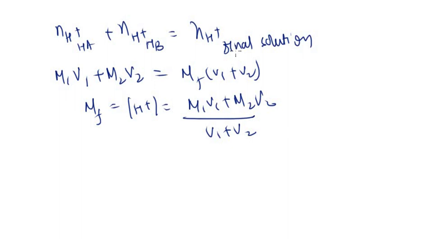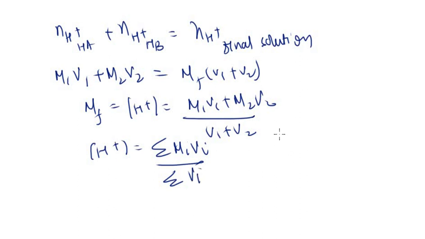Now when we are mixing a lot of containers containing strong acids, the concentration of H plus turns out to be sigma MiVi divided by sigma Vi, that is, M1 V1 plus M2 V2 plus M3 V3 and so on, divided by V1 plus V2 plus V3 and so on. That is how we get the concentration of H plus, and the concentration of OH minus turns out to be Kw divided by H plus.